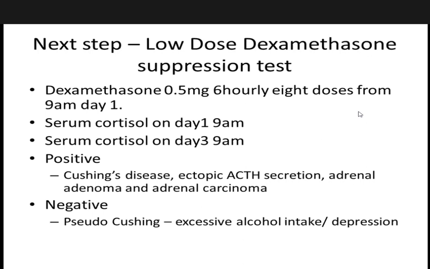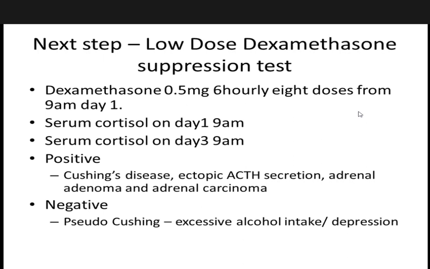So a positive test can be seen in patients with Cushing's disease, where there is hypersecretion of ACTH from the pituitary, in ectopic ACTH secretion, adrenal adenoma and adrenal carcinoma. Right?